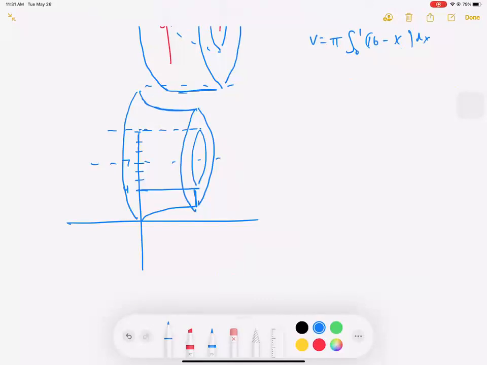Hollow tree stump. So for us to figure out what's what, let's figure out what's my inner radius. If this is my axis of rotation, what is my inner radius? Well, the inner radius is from this to this. My outer radius is from the axis of rotation to the next function. Now, I'll give you a hint.